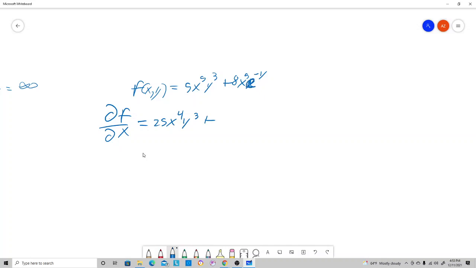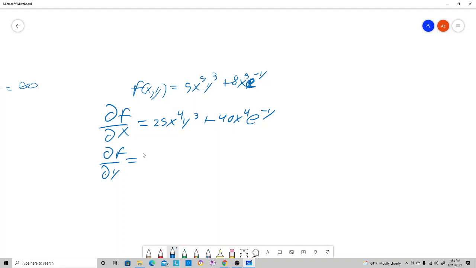We can keep this e to the negative y as a constant and just move this. So this would be 40x to the fourth e to the negative y. And that's the answer. And then if we want to take the partial derivative with respect to y, we can do it too.